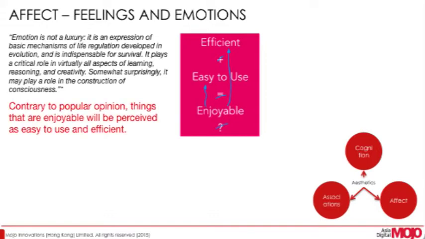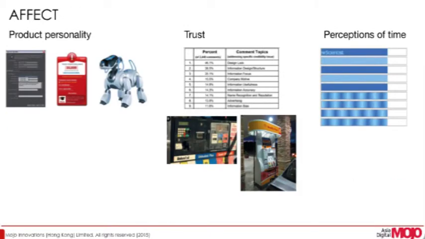Contrary to popular opinion, the author thinks that enjoyable things will be perceived as easy to use and effective. For example, look at those examples. Every product has its own personality it wants to communicate to its users. So for example, with the two windows on the left side, you can easily feel they have different personalities.